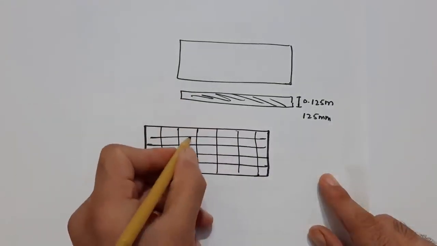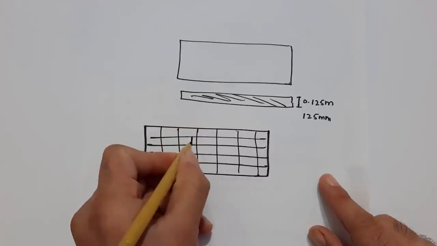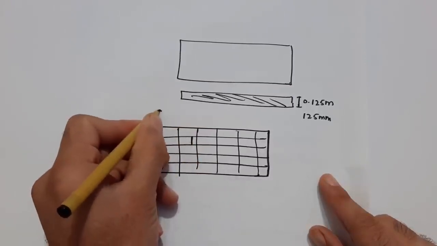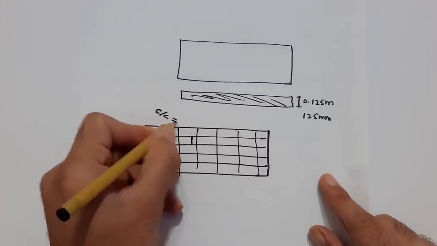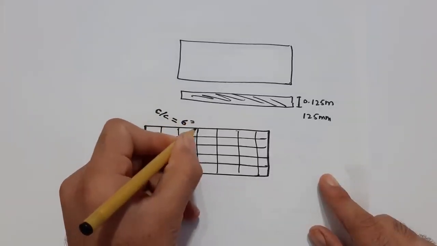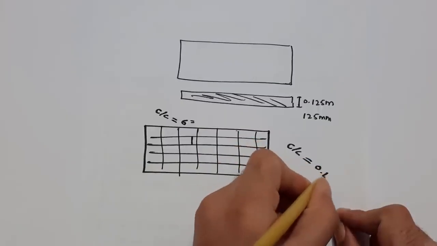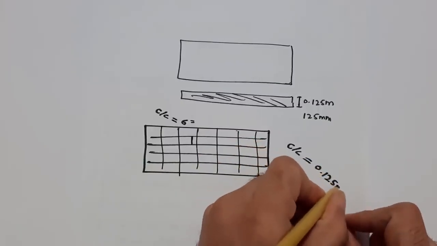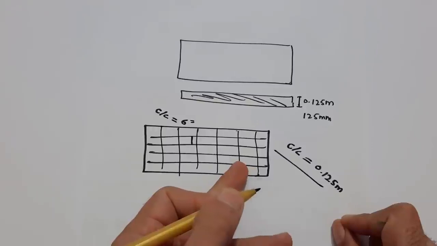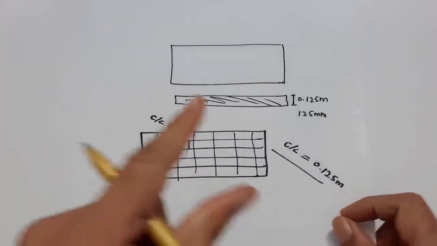The space between two steel rods we can call C/C, for example 6 inches, or C/C is equal to 0.125 meter, etc. So it means the spacing between two steel rods.